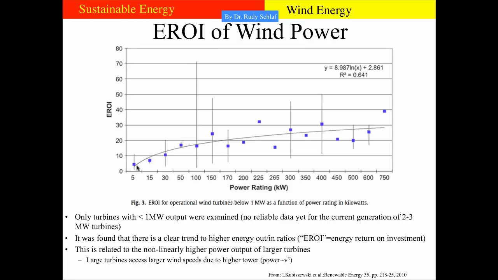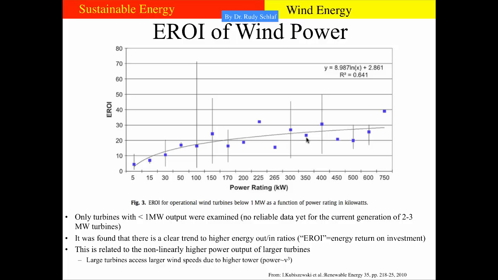And you see that there is a clear correlation between large EROI and large wind turbine size. Now this here ends at 800 kilowatt. This is considerably smaller than the currently built wind turbines of 3 or more megawatt. So one can assume that the current larger designs have an even better EROI.